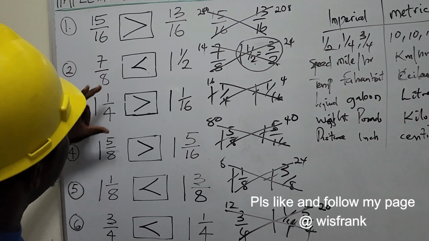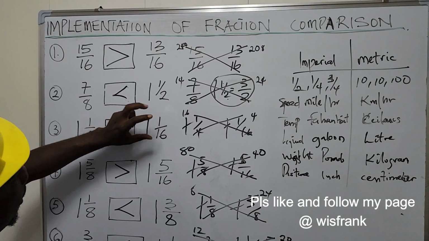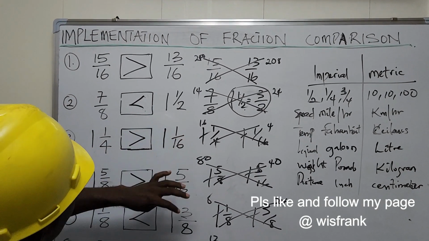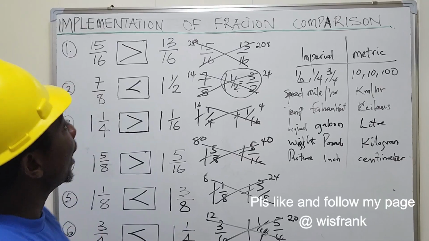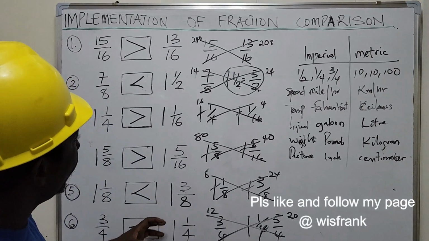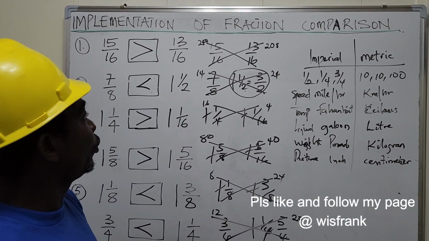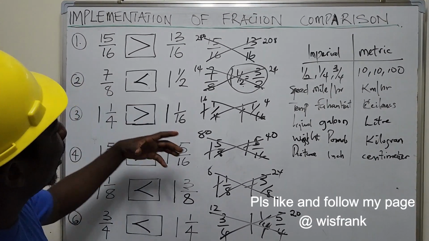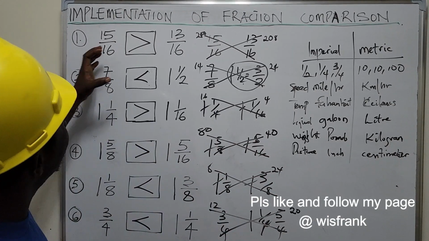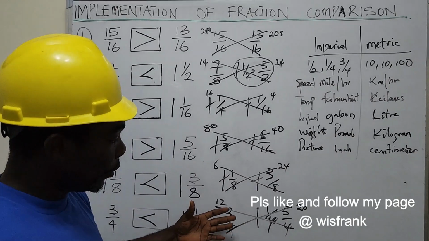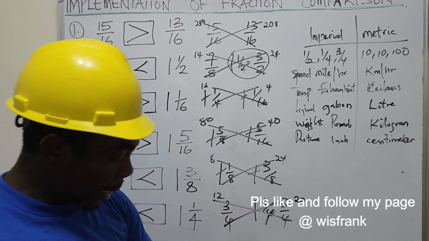So this is how we can compare these fractions, and we can see that some of them are greater than and some of them are less than. In our industry today, we use tools that have different systems of unit, which are imperial and metric, and we have these fractions that can be used when we use our tools like spanners.